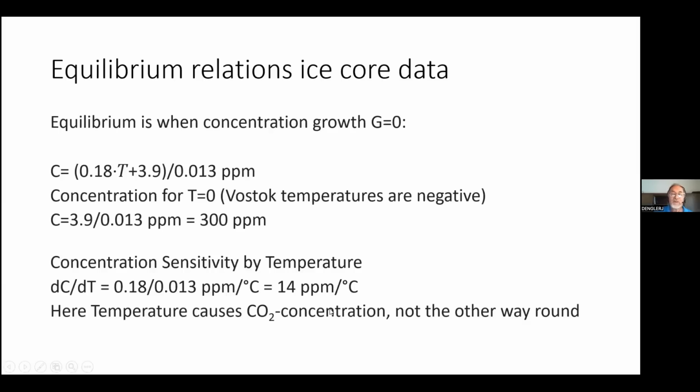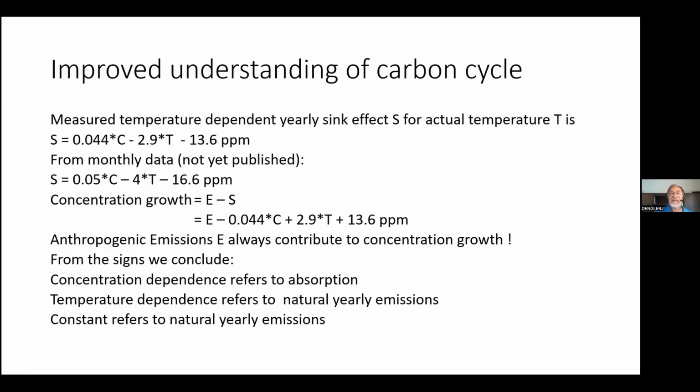There is only one group who still clings to the CO2 hypothesis and creates fantastically large sensitivities that way. Okay, now we come to the improved understanding of the carbon cycle.